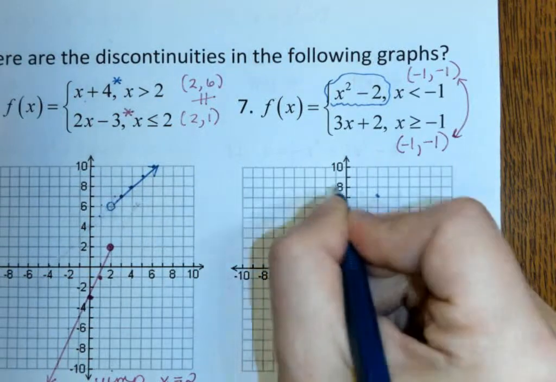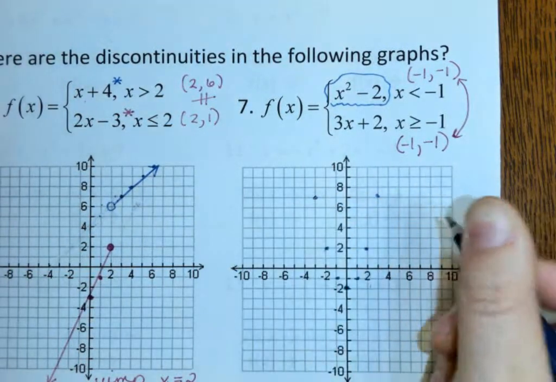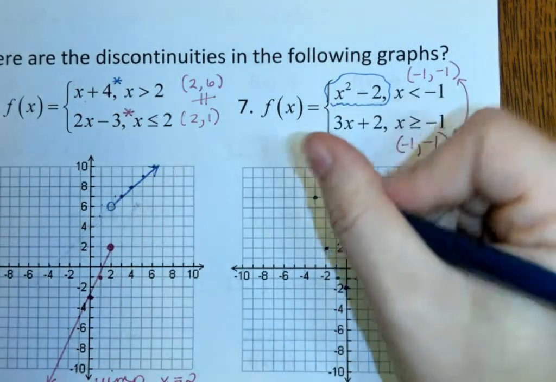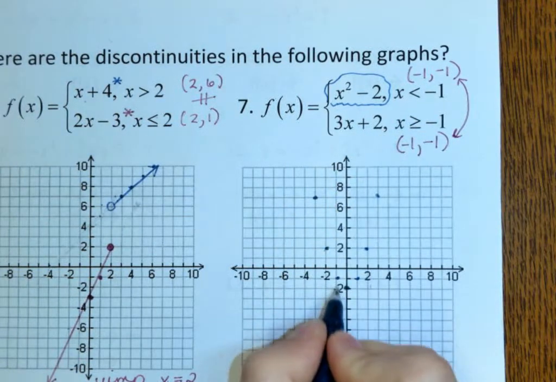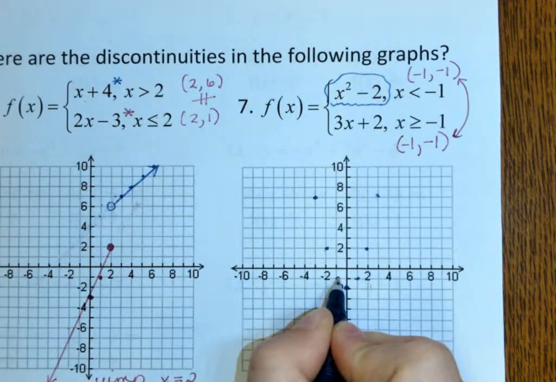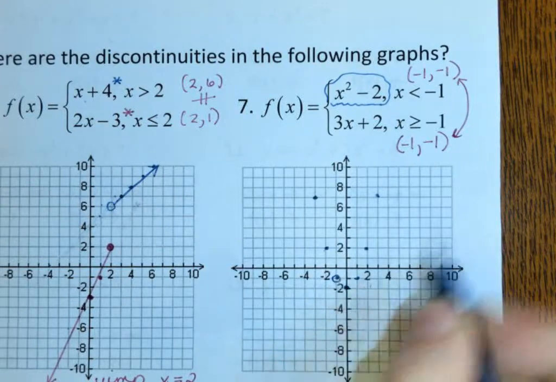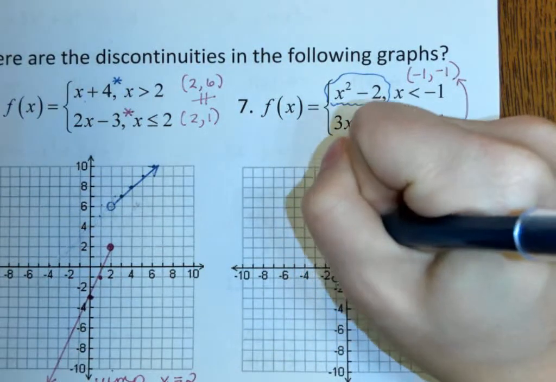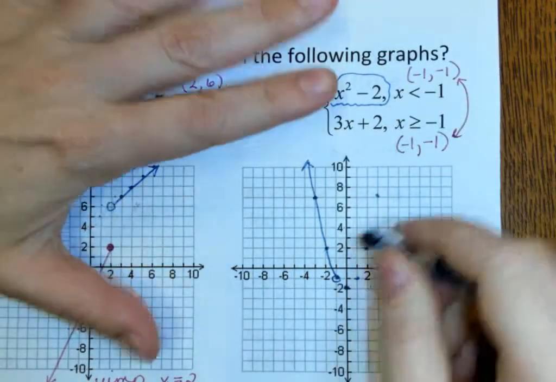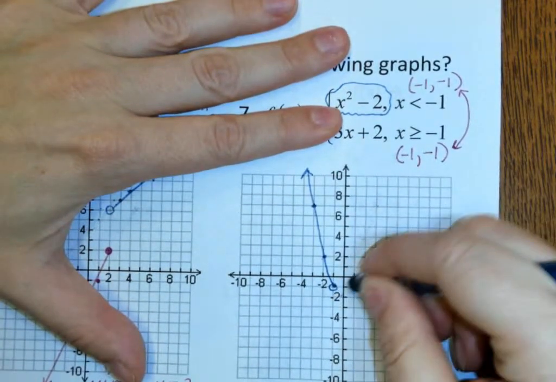Coming on this side also. And I only want to see that where x is less than negative 1. So am I going to have an open or closed circle? Open. And I'm only drawing that side of it. I don't need the rest of it.